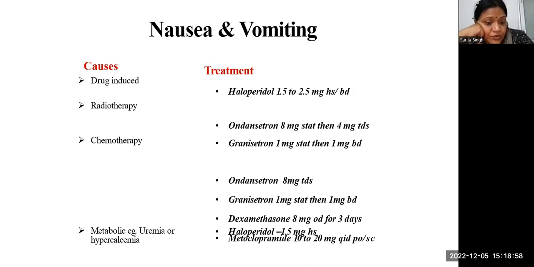For the chemotherapy-induced vomiting, the most favorable choice is ondansetron, 8 milligram stat or 4 milligram TDS, granisetron. These are the choice of drug in the chemotherapy-induced vomiting. If the vomiting is due to metabolic disorder or uremia, you can give metoclopramide and haloperidol. Ondansetron is also very important in the uremia and metabolic disorders.